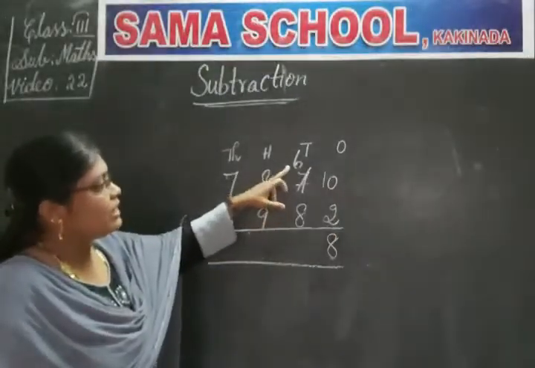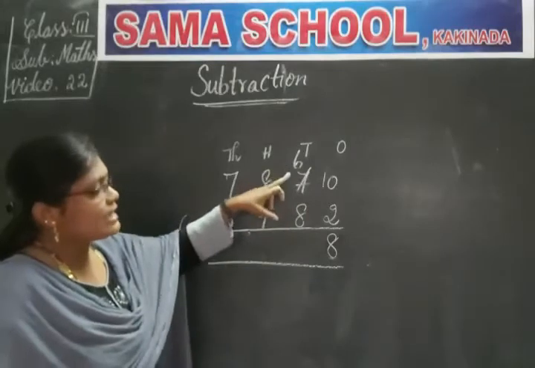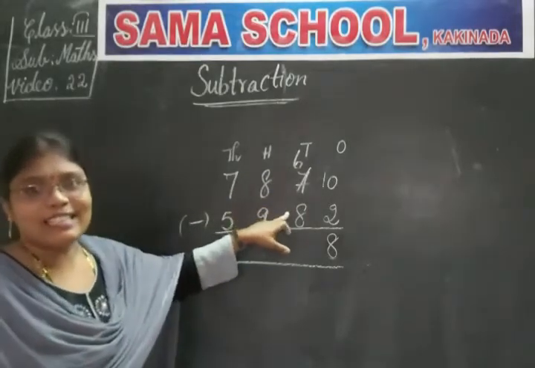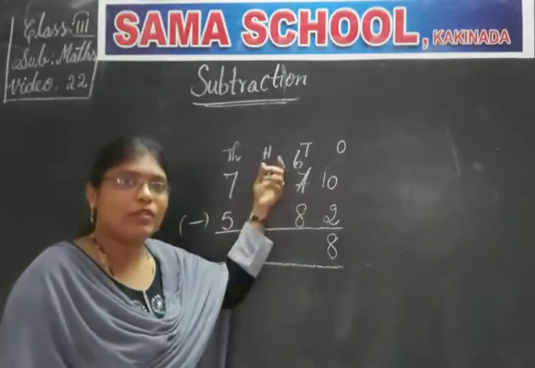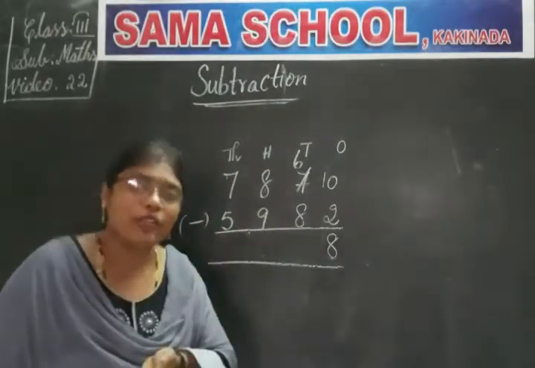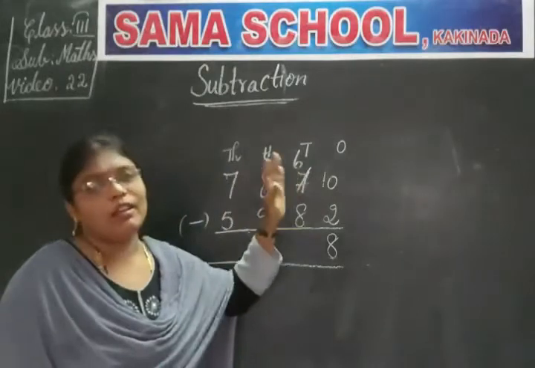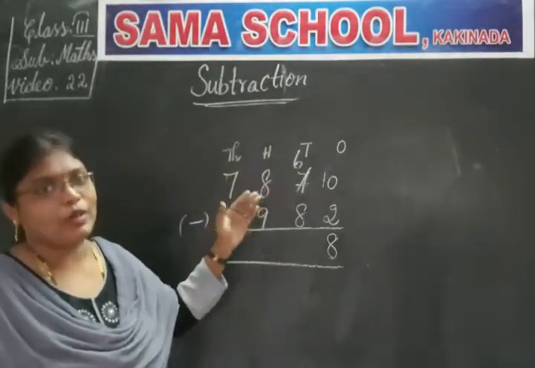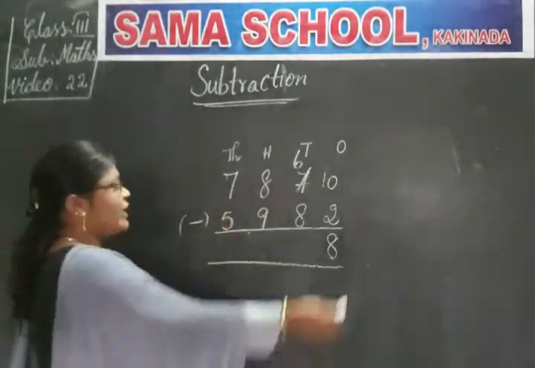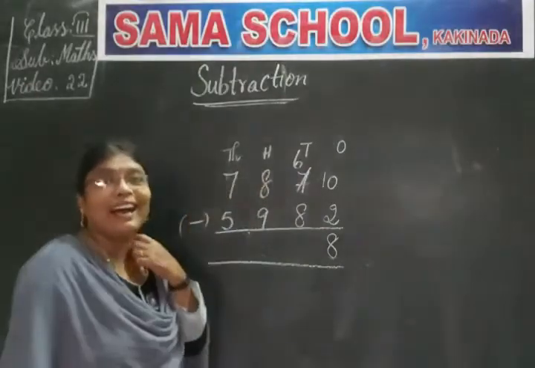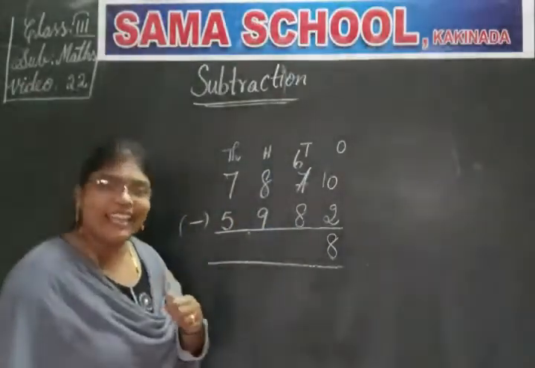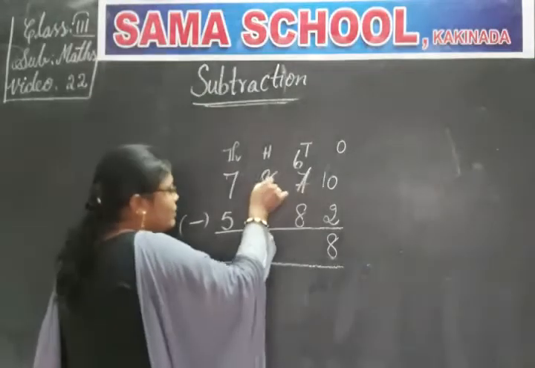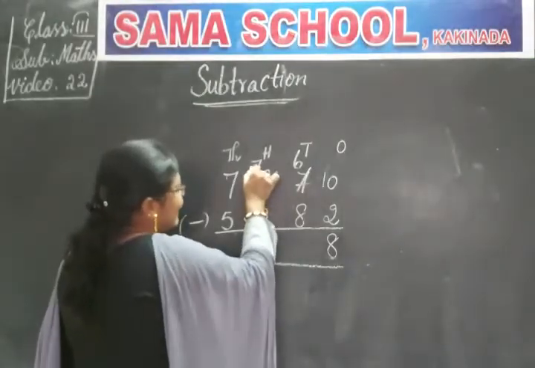Now see, what are the digits in tens place? 6, 8. As 6 is a smaller number, we cannot subtract a bigger number from a smaller number. So what do we have to do to make it big? Again we need to borrow from the next place, the hundreds place. What is the digit in hundreds place? 8. So borrow 1 from 8, it will become 7.